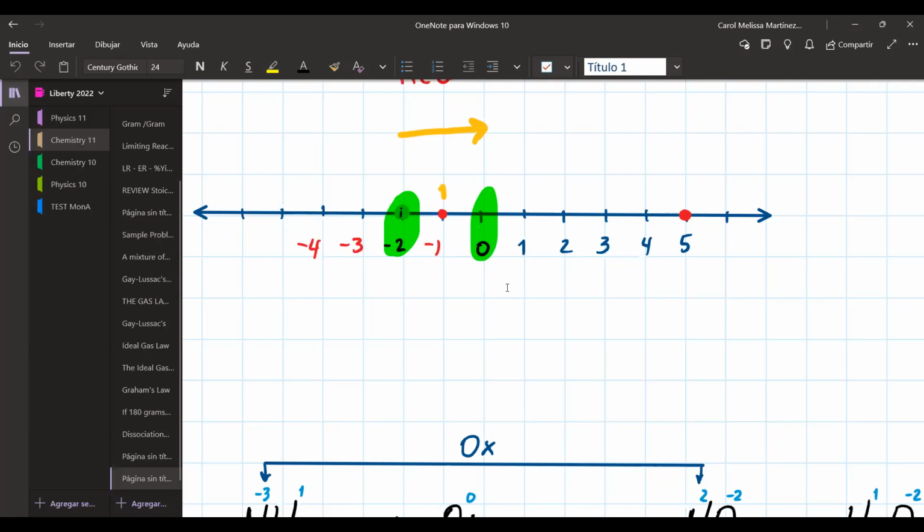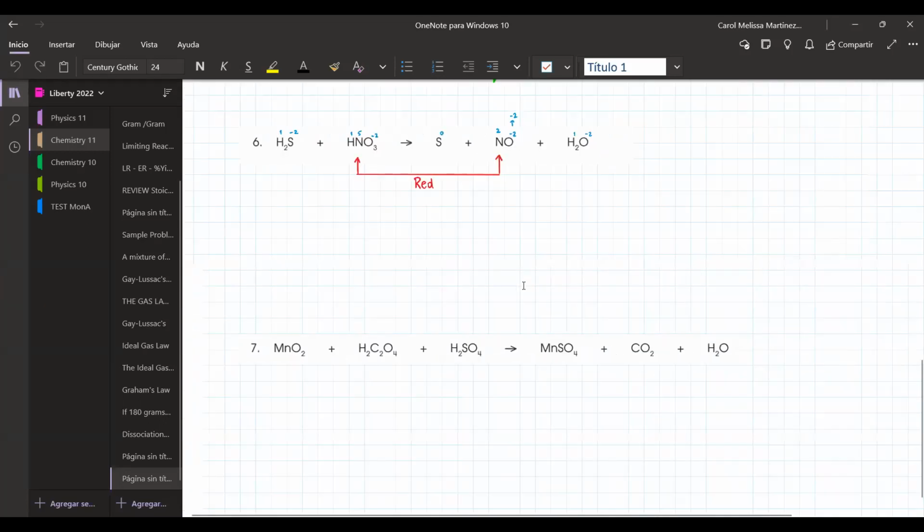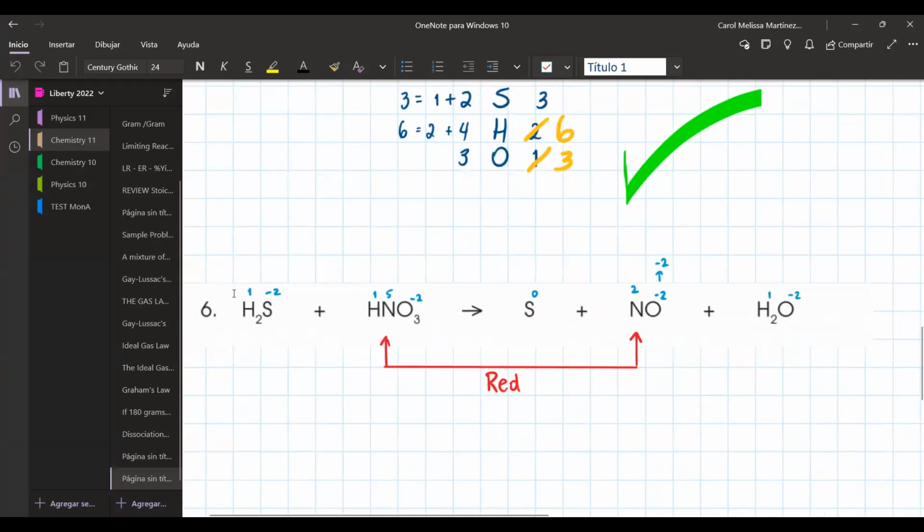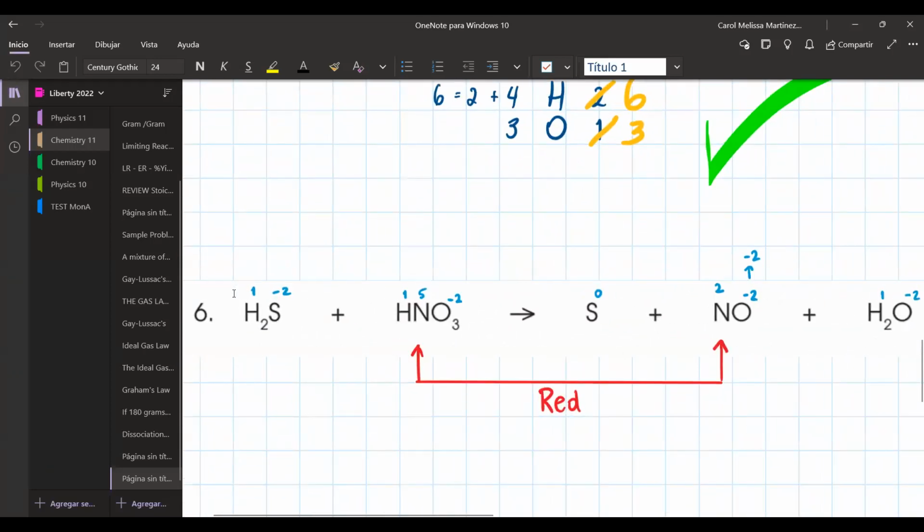This is the first position, and this is the second position. So it moved 2 positions to the right, which means that the oxidation number increased. By how much? By 2. So that means that this is oxidation. So the sulfur is oxidation.